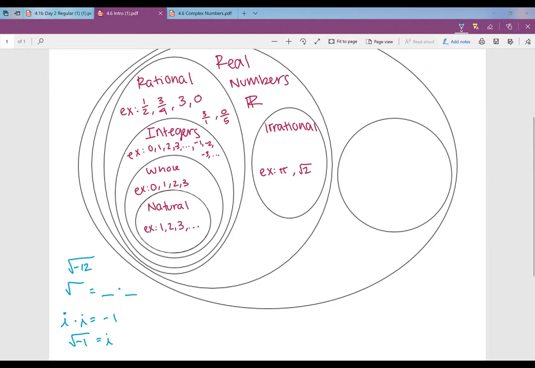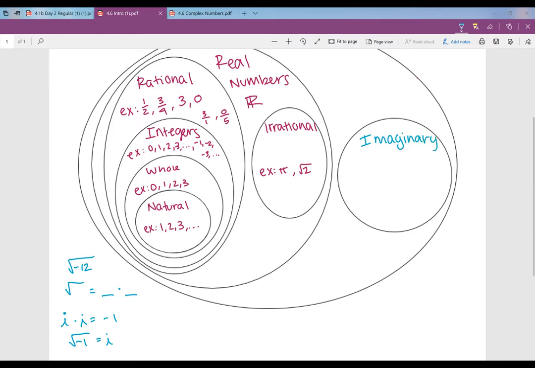So they made this new number that ended up allowing them to find square roots of negative numbers, and they could keep working on their theorems and different problems instead of having to try and find new ways to do things. So i is what we call an imaginary number.